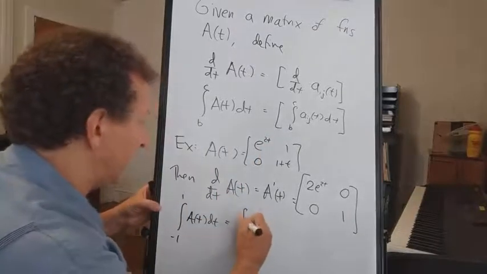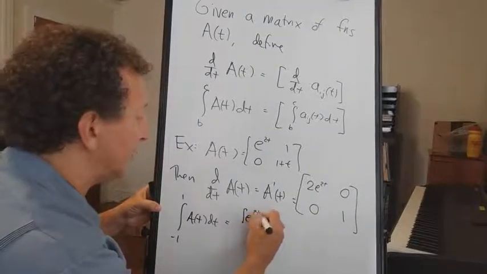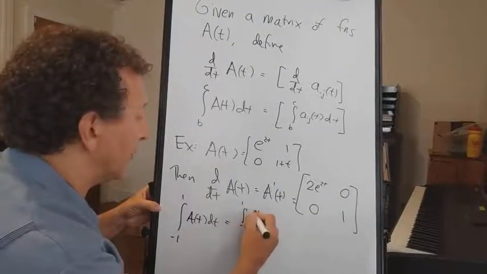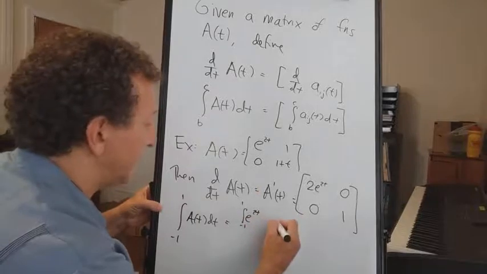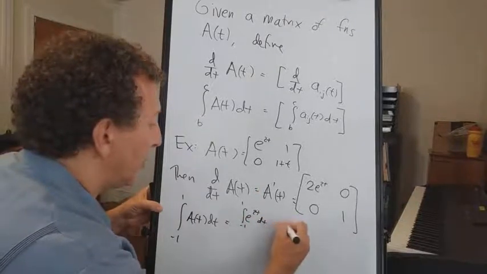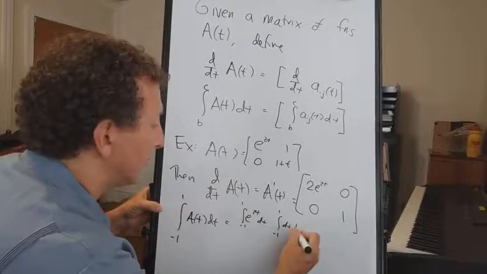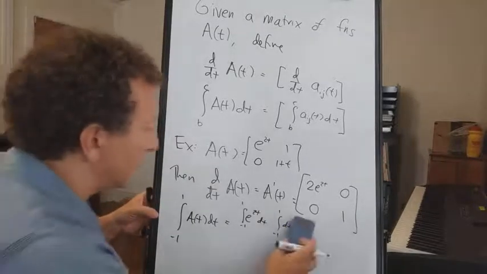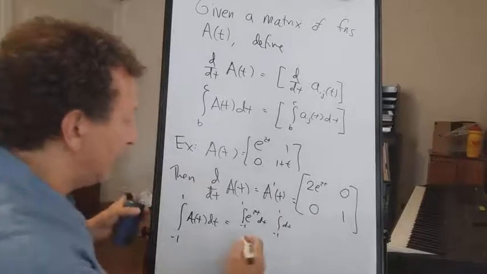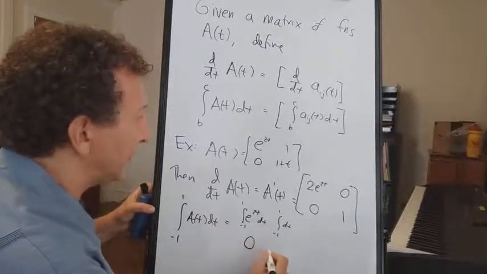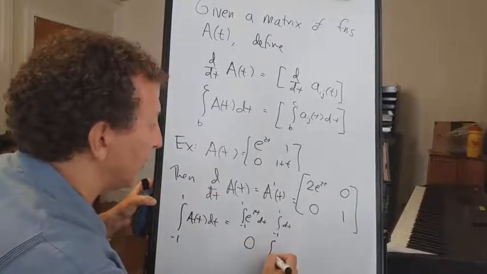So the integral of e to the 2t from negative 1 to 1, the integral of 1 dt from negative 1 to 1, and the integral of 0 is just 0, and the integral of 1 plus t.